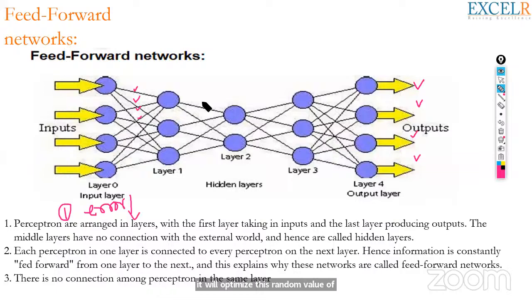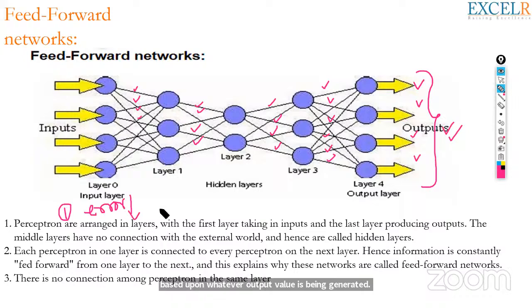Whatever weights we assigned in a random manner, it will try to optimize these values to minimize the error based upon whatever output value is generated.